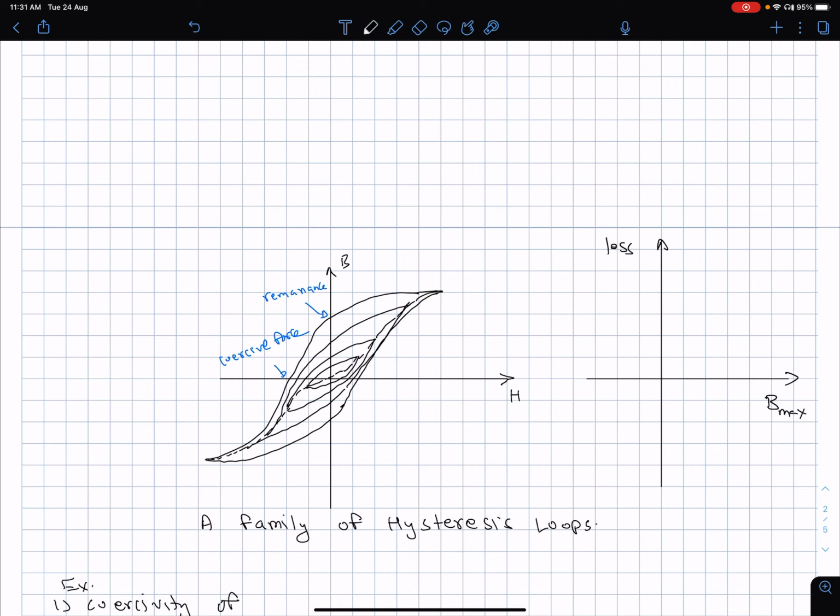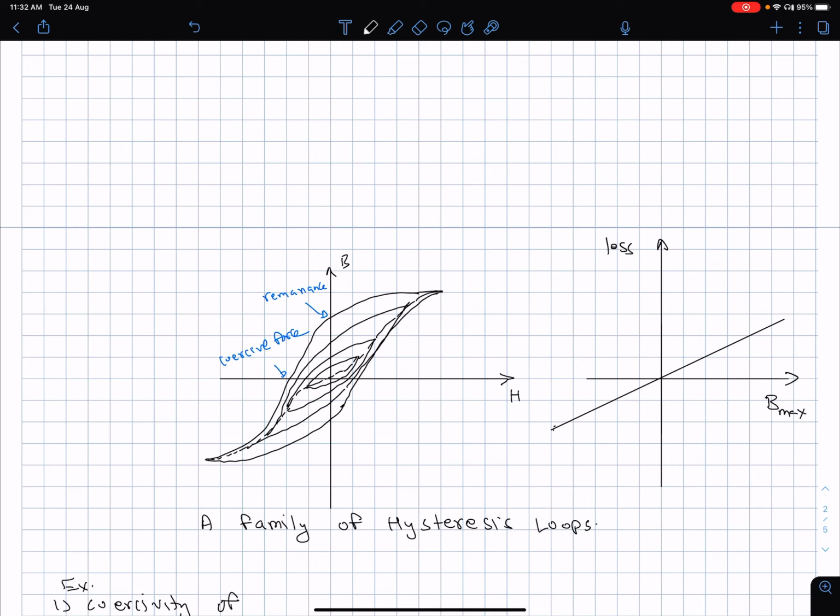Now suppose the loss was increasing linearly, then it would look something like this. Suppose the loss was increasing quadratically.